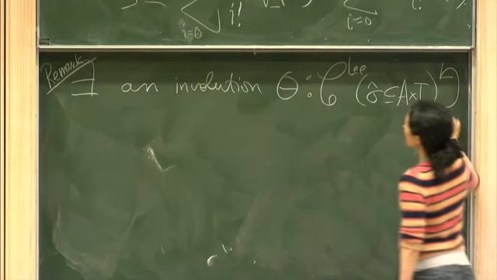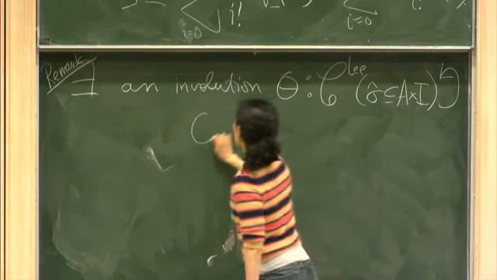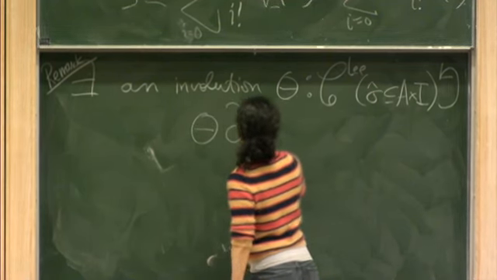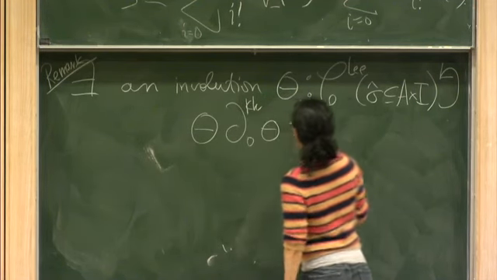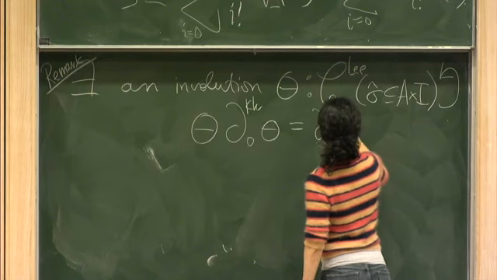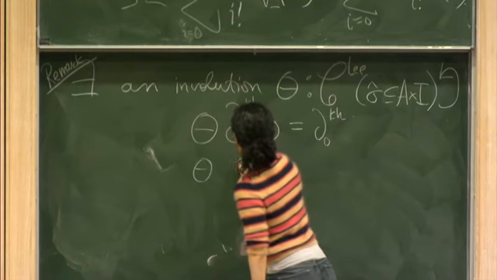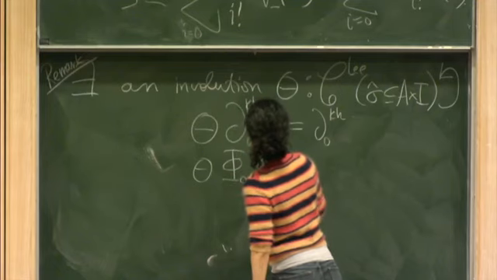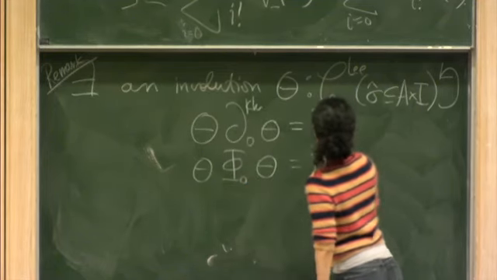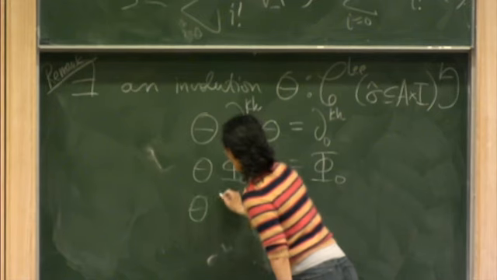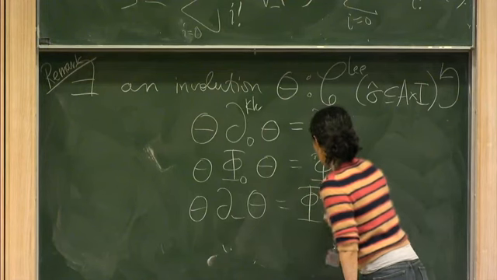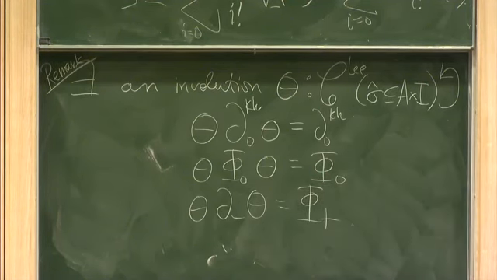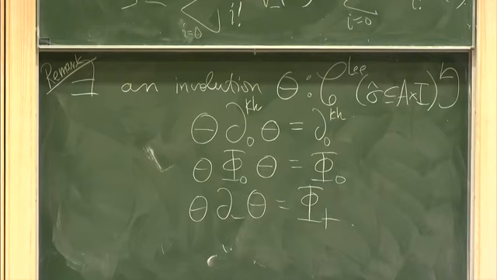It sends d0 to itself, as well as phi 0, but it exchanges the roles of d minus and phi plus.